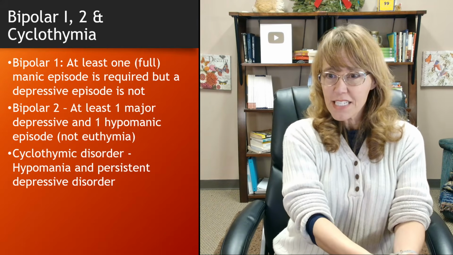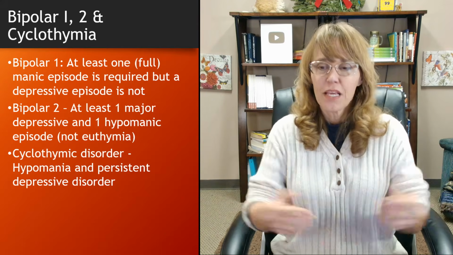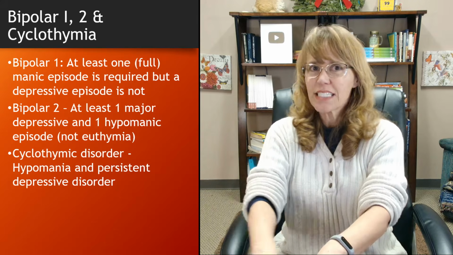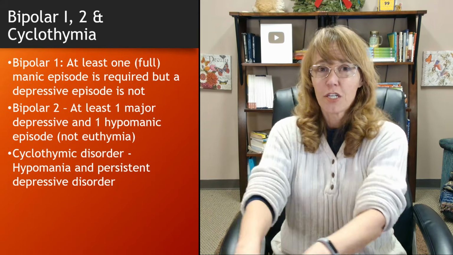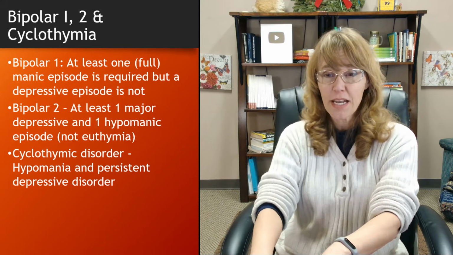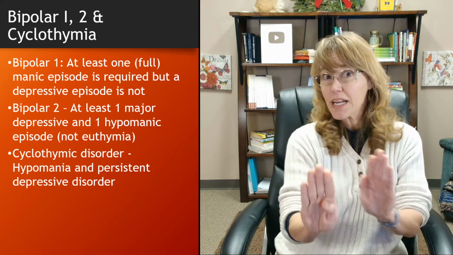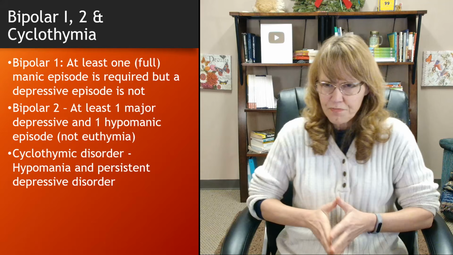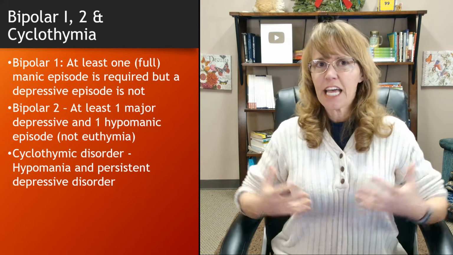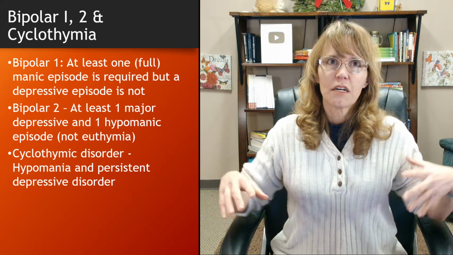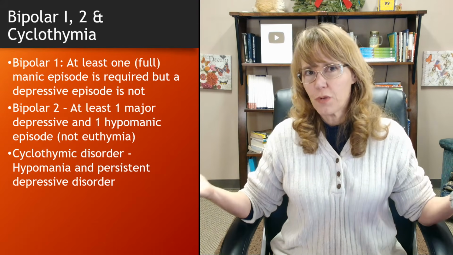Now, major depressive is pretty clear. Hypomanic, remember, doesn't have to cause significant impairment in functioning. So we do want to screen for hypomanic. So major depressive plus hypomanic is bipolar 2. Remember, euthymia is the feeling that they get when they are between episodes, if you will.